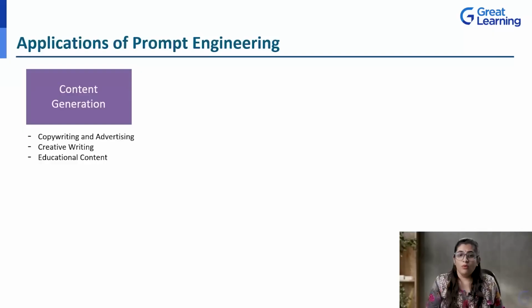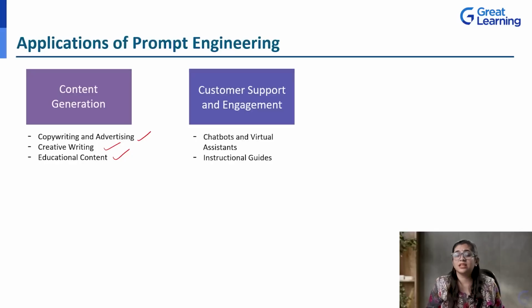Now let's see what are the applications, different applications of prompt engineering. One is content generation. You want copywriting, advertising, creative writing, educational content. You can do anything and everything under content generation based on your target audience, based on who you are catering to. Next is customer support and engagement.